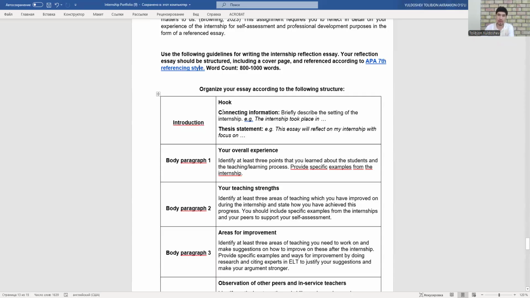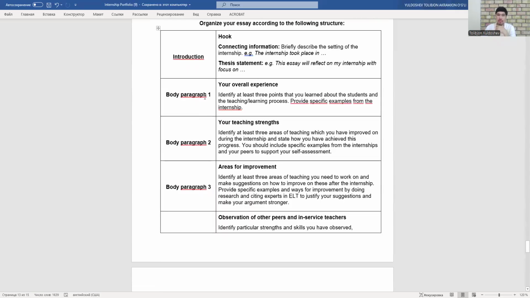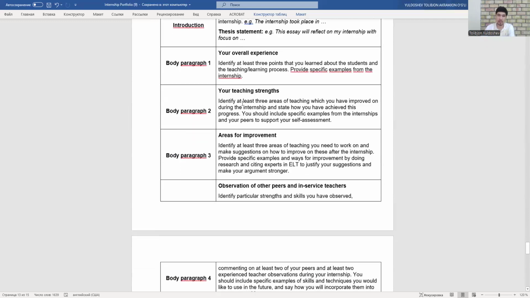So giving you a bit more detailed information, first of all, write a quick introduction. So briefly describe the setting of the internship, like where did you do it, how long did you do it, like this. And then in body paragraph, talk about your overall experience. Please read this information very carefully because your instructor will be checking your essay using this assessment criteria.